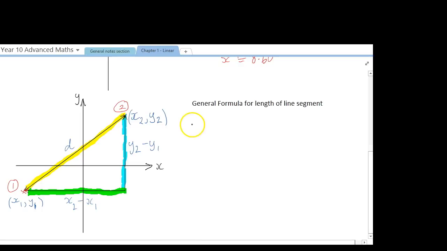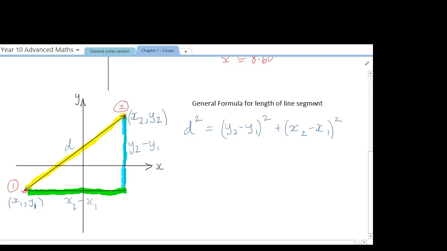In this case, d is the hypotenuse, and the hypotenuse is equal to y2 minus y1, that's the length of that line, squared, plus the length of that line, also squared. We haven't got any points, so we don't have values for any of these things, but this is called our general formula for length of line segment.